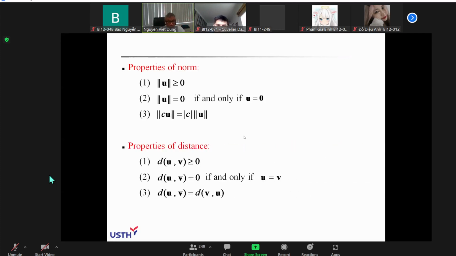And also we have properties of distance. Again, the distance is never negative, and the distance equals 0 if and only if the two vectors U and V coincide. And the last one, the distance between U and V and the distance between V and U are the same.